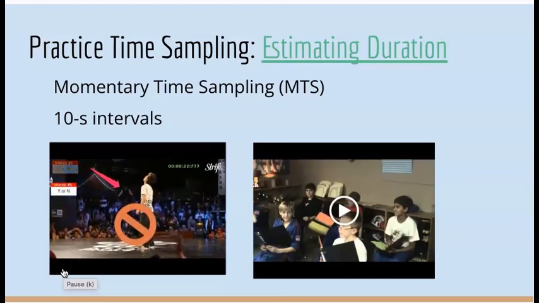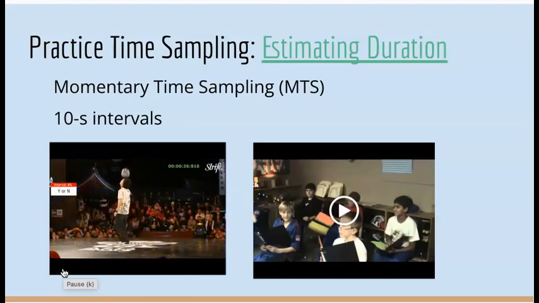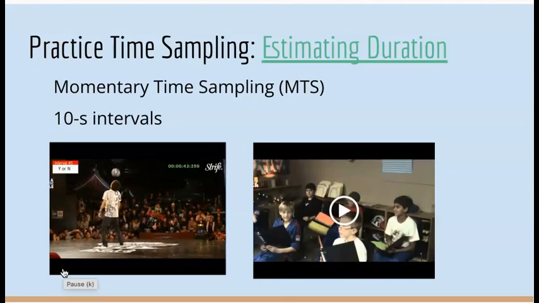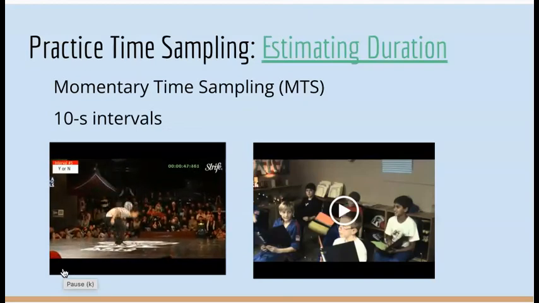That's another no. Are you getting the hang of it? You're just measuring what's going on when the beep happens.